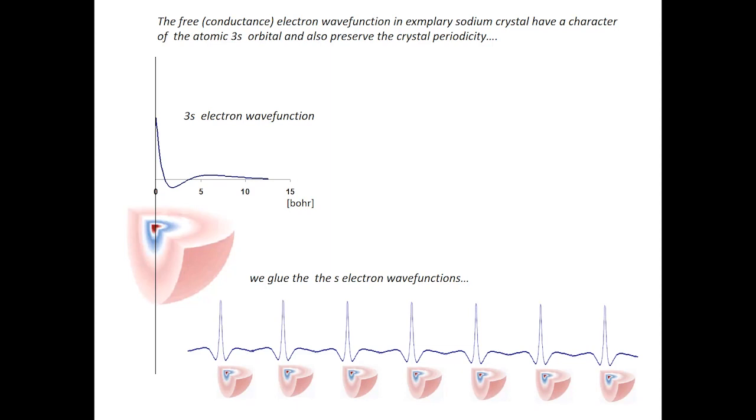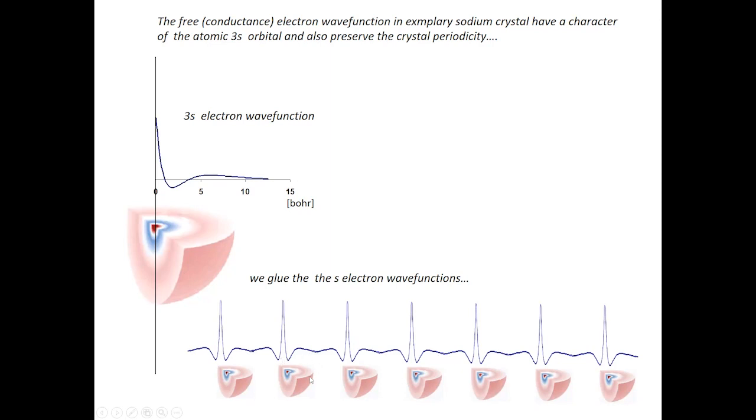So we can just stick these wave functions, which we know for 3s electrons, together, and it will make the wave function for an electron which is delocalized over the whole crystal.